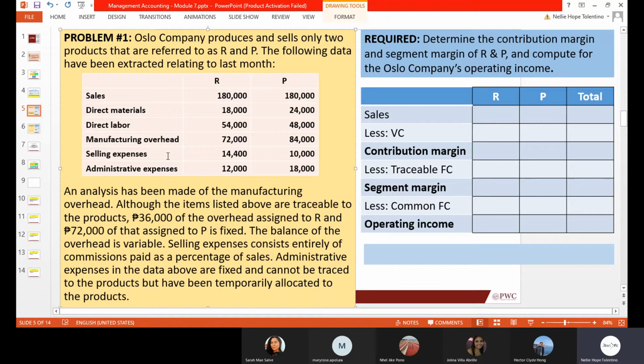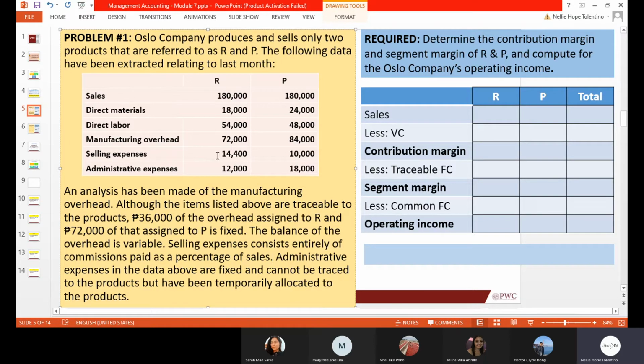Variable or fixed? It is a percentage of sales. Variable. Yes, variable. Kapag variable kasi, it changes. So kung magbabago ang sales, definitely magbabago ang selling expenses because percentage daw siya ng sales.